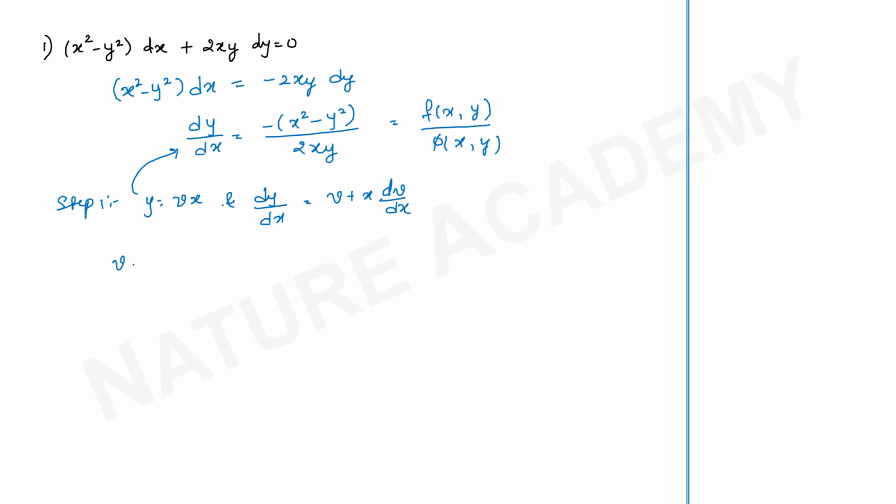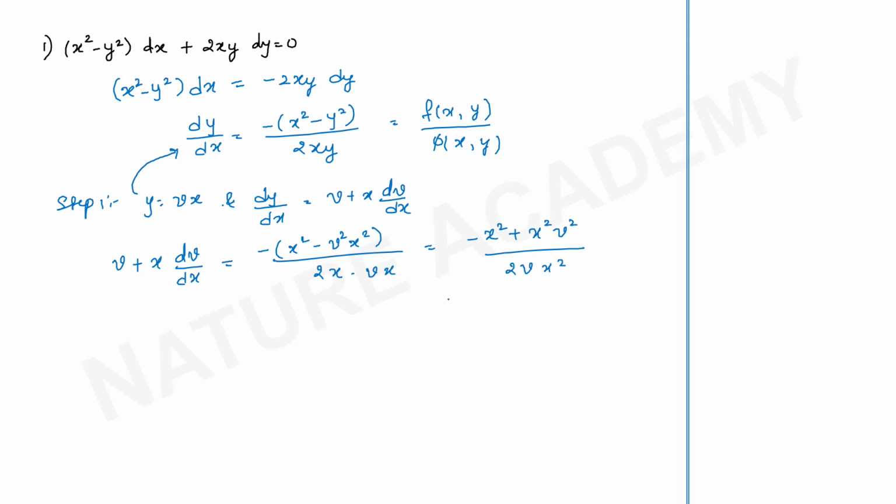So you get v plus x into dv by dx is equal to, in the right hand side, minus (x square minus y square), where we have to substitute y as v into x. So it will become v square x square by, in the denominator we have 2x into y, which is vx. So this I can also write as minus (x square minus x square v square) by 2v x square.